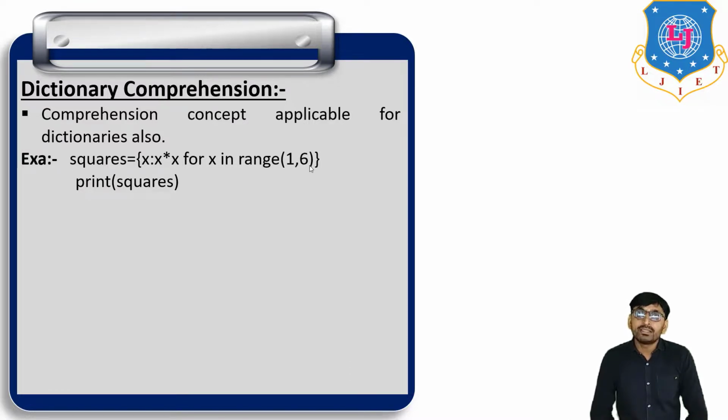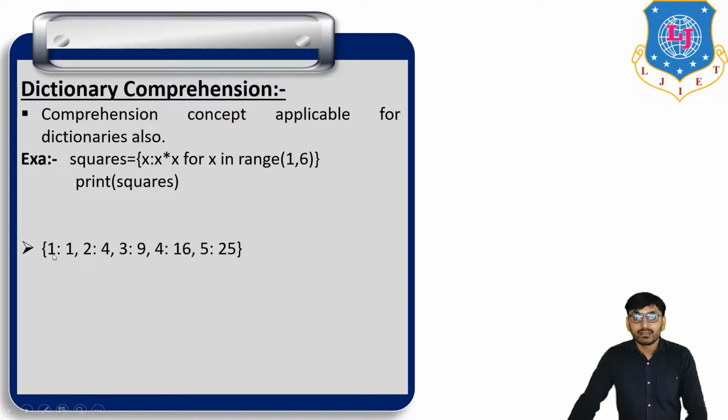So for all these x, the key is x and the value is x times x. So if the key is 1, then the value is 1 times 1. Key 2, 2 times 2; 3, 3 times 3; 4, 4 times 4; 5, 5 times 5. So if we print this squares dictionary, we get output 1 with value 1, 2 with value 4, 3 with value 9, 4 with value 16, 5 with value 25. Because in this dictionary the key is x and the value is x times x.